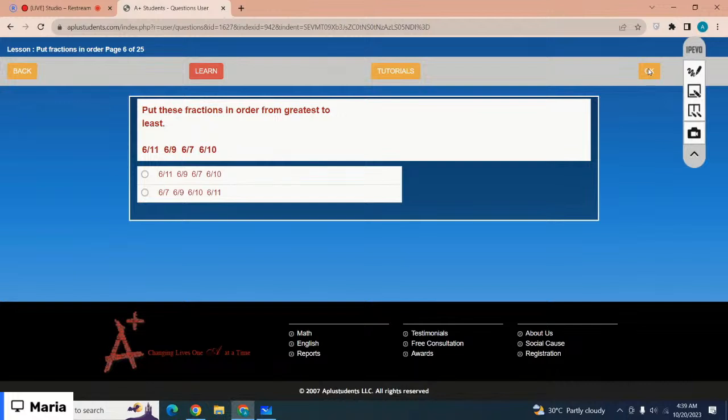You have to arrange them from greatest to least, right? So 6 by 7, 6 by 9, 6 by 10, and 6 by 11. The second option is the correct one.